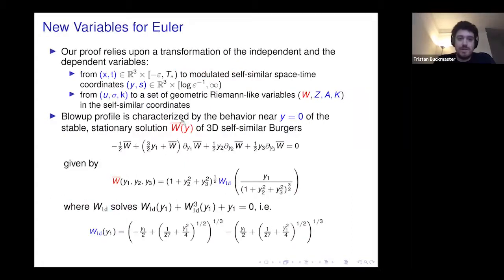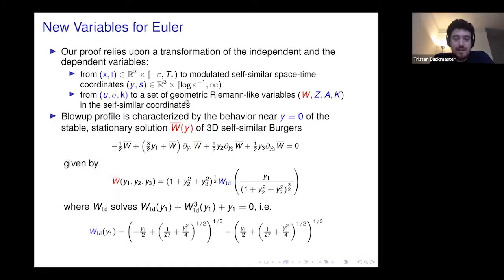Okay, so the main idea follows the framework of this 2D case with azimuthal symmetry, although it's much more difficult. The first idea is to rewrite space and time in terms of self-similar coordinates.